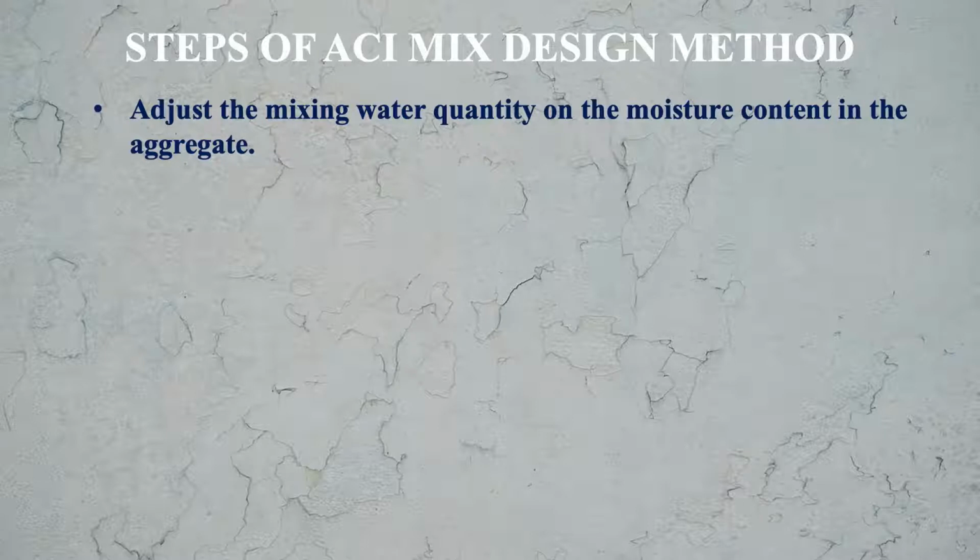Now next step is to adjust the mixing water quantity for the moisture content in the aggregate. What is the meaning of it? You know that our coarse aggregate and fine aggregate may have some moisture, and that moisture which is on the surface of the aggregate will be added in the concrete mix when we prepare it.